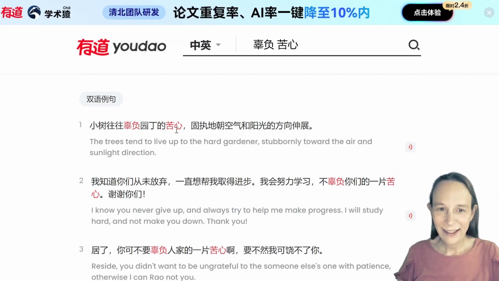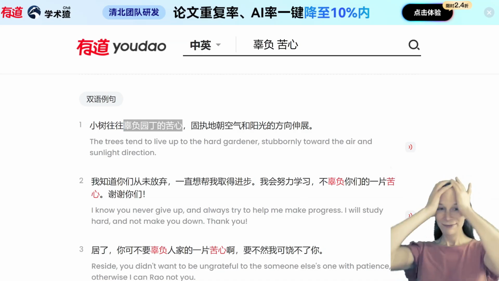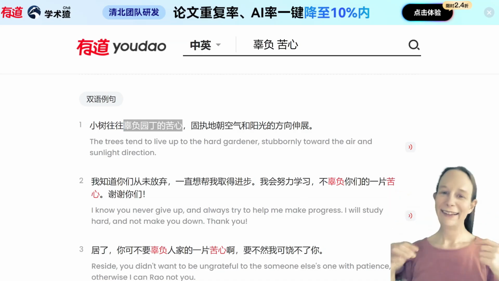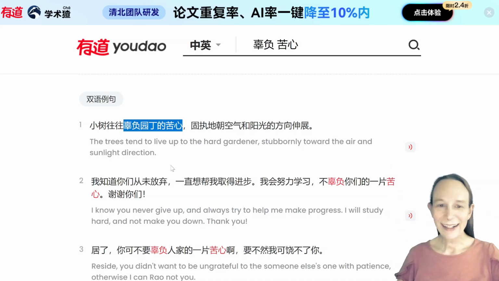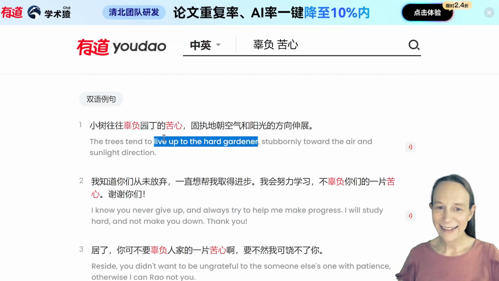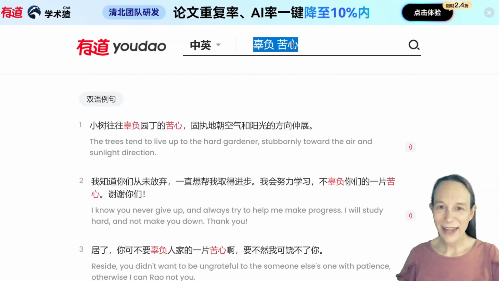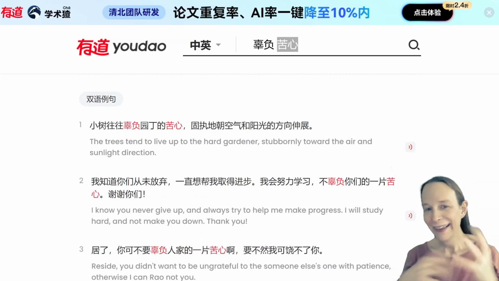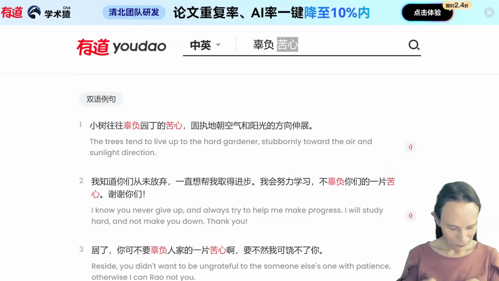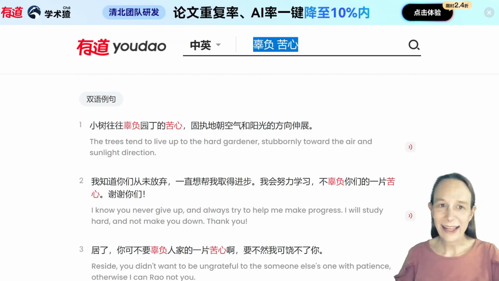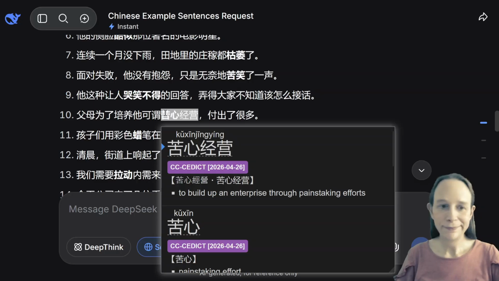So 辜负, I don't know how to explain it. Live up to the hard-working gardener's expectation. Yeah, kind of lets them down. He put in all the hard work, and the trees didn't grow. All right, 副词，用尽了心思或精力，不信经营. Okay, so that's this example.